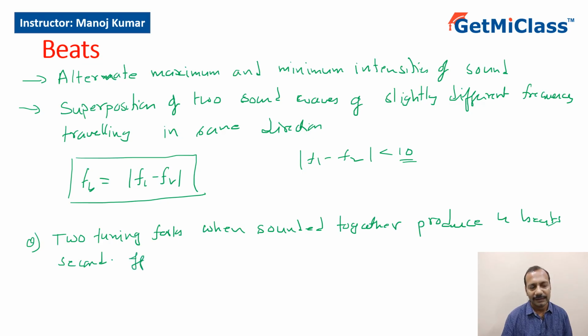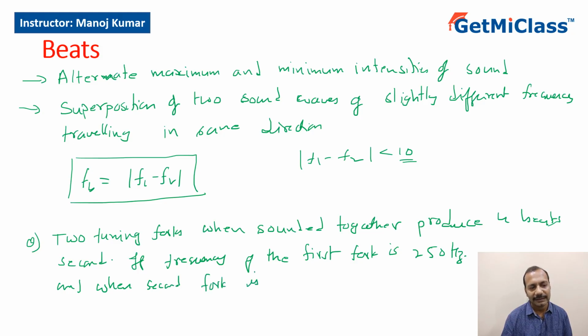Now if the frequency of the first fork is 250 hertz, and when the second fork is waxed, the frequency increases to 6 beats per second. Find the frequency of the second fork.